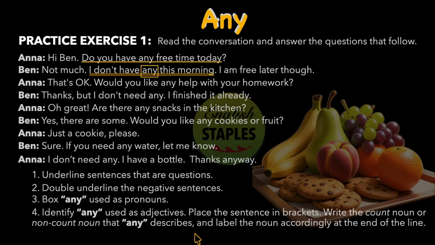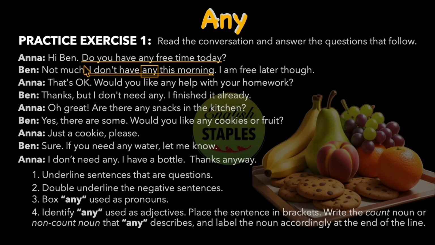First, we're going to identify any as an adjective. We start again from the beginning and we look. Any as an adjective. Hi, Ben. Do you have any free time today? This any is going to be an adjective because it is describing free time. Free time is a noun phrase. Free time is the noun phrase that any describes. Any is an adjective.